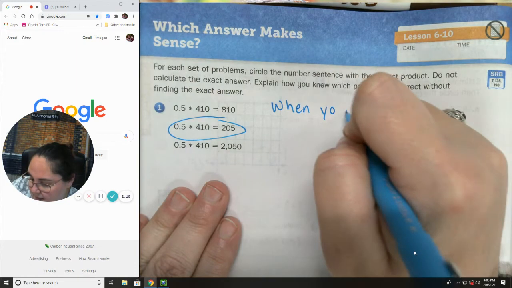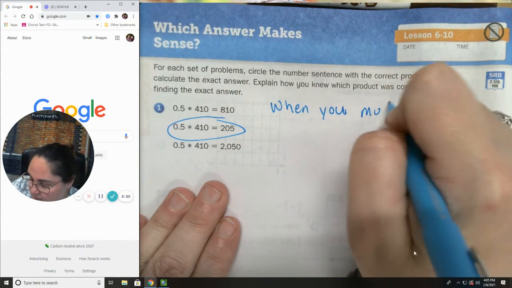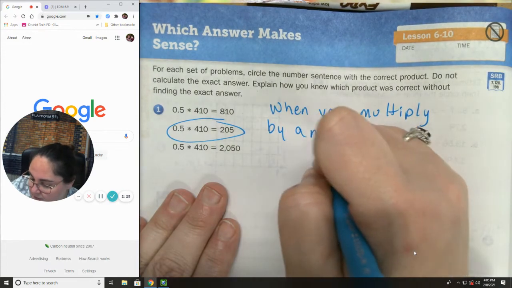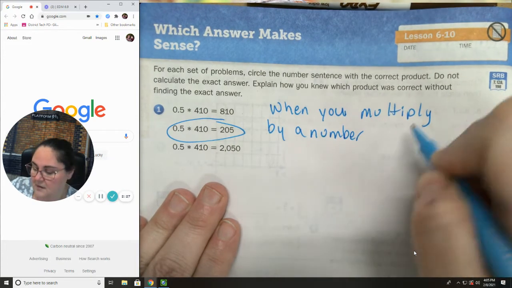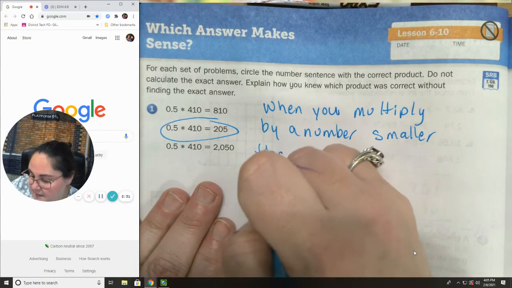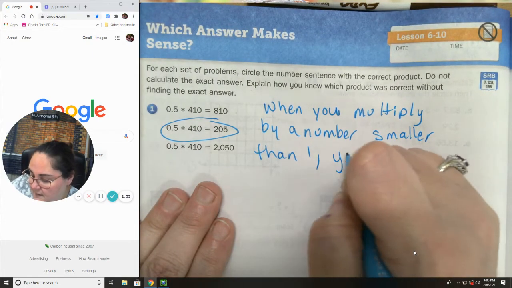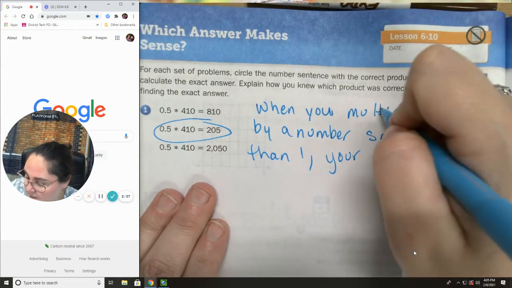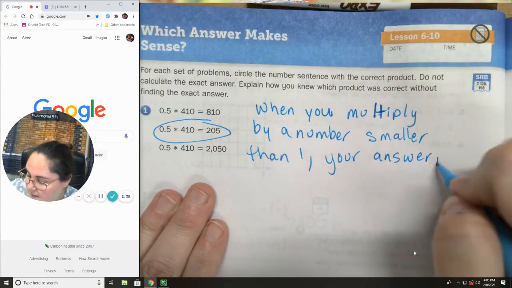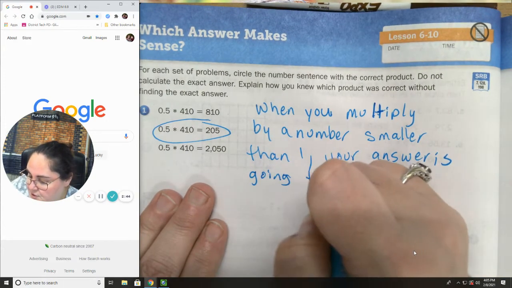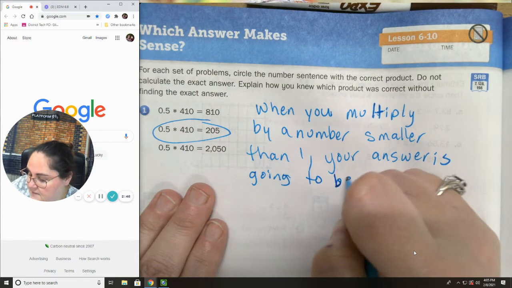When you multiply by a number smaller than 1, your answer is going to be smaller.